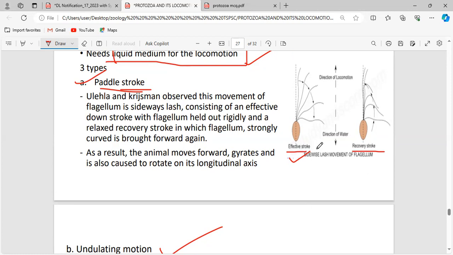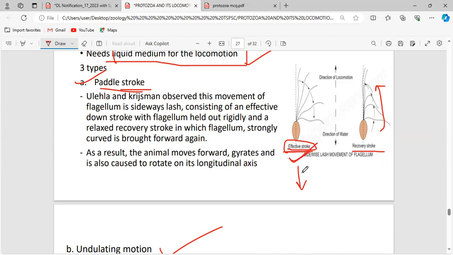This effective stroke will produce more thrust in the backward direction. As a result, the animal will move forward. You have to remember, in the effective stroke, the animal will move forward. In the relaxed recovery stroke, the flagellum comes back to its original position by its backward movement without any resistance.